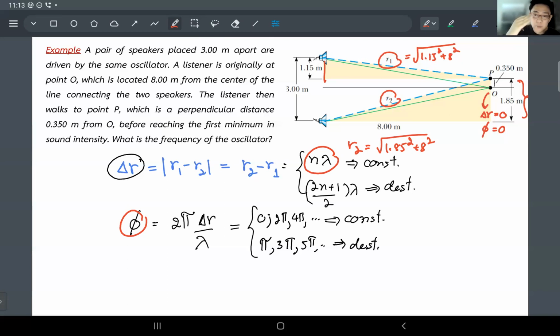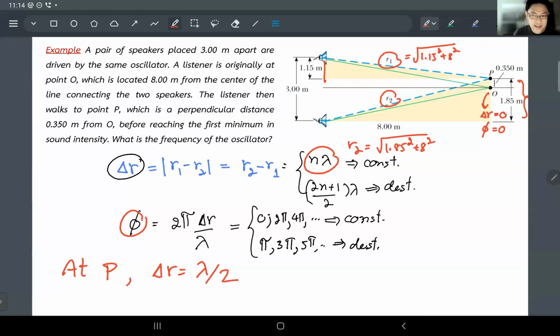So that means at point P, what is the conclusion? At P, delta R is the first minimum. Yes?